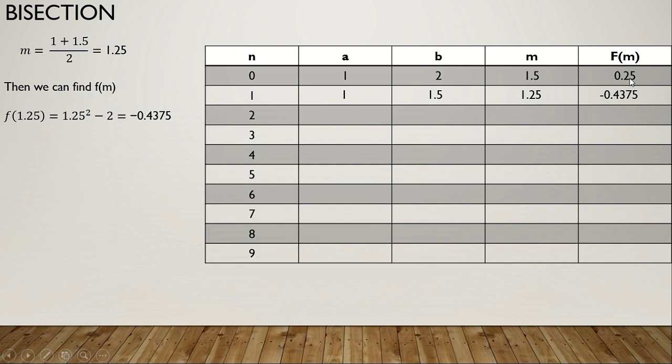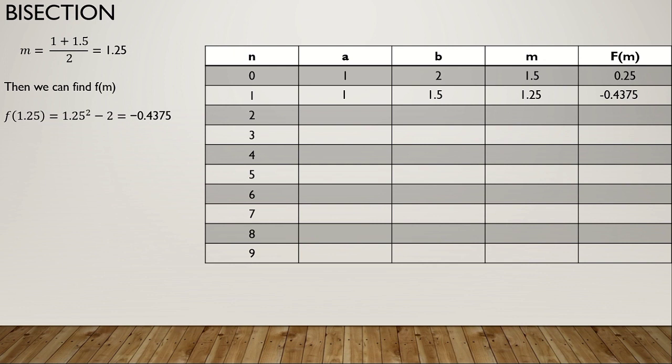But then if f of m is positive, then our m value becomes b, right? Because we have now cut the interval a point 0.5 less than what we actually needed. So basically, in bisection, we are cutting down the function so that we find the exact point within the function where that value actually is.